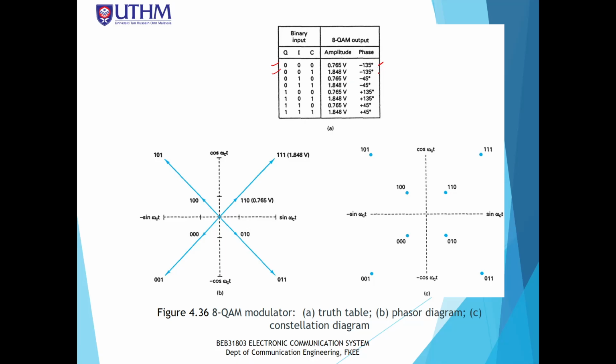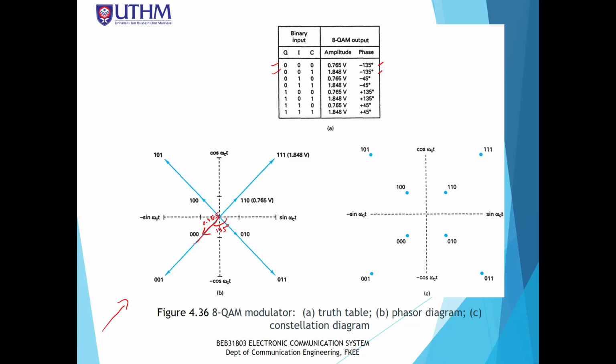For the second input, 001, we are going to produce output with amplitude 1.848 and the phase is negative 135. And if you see from this phasor diagram, what happened? We are producing the first input, 0, 0, 0, where the angle is 135 degrees and the amplitude is 0.765.